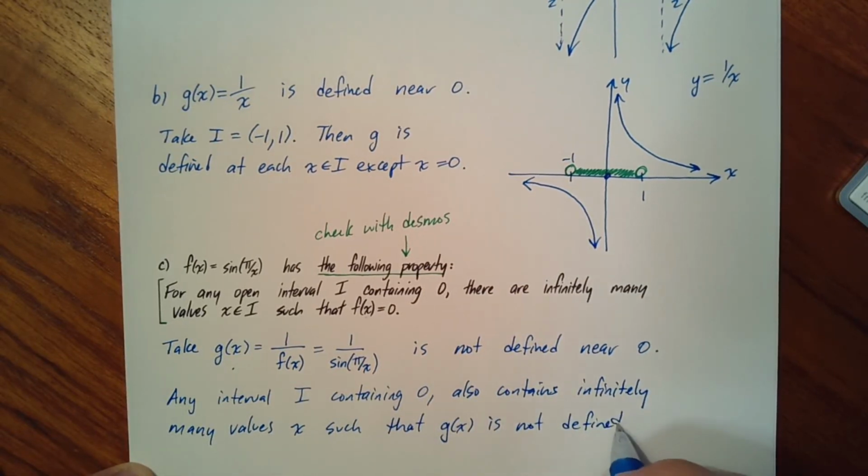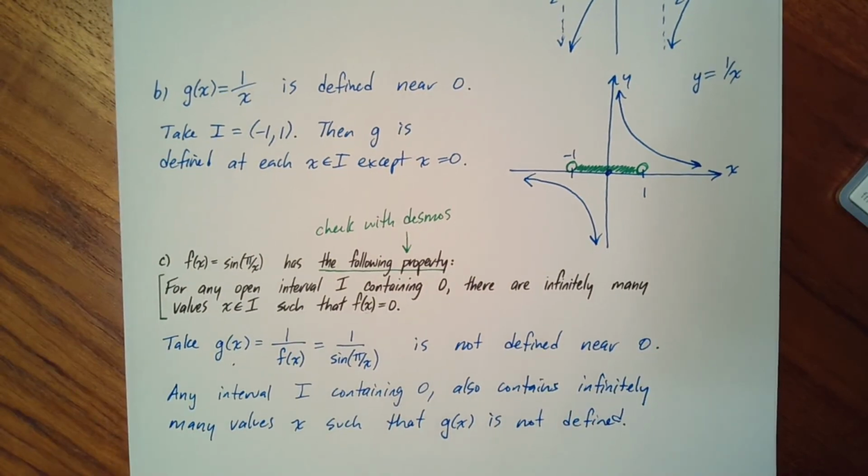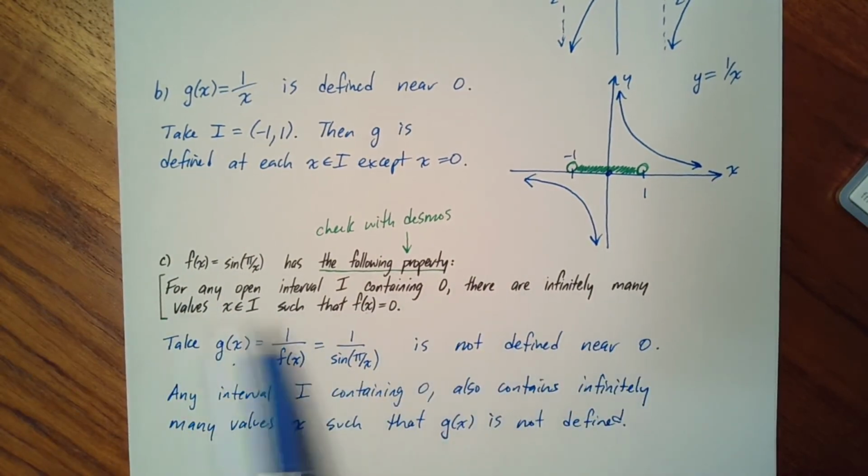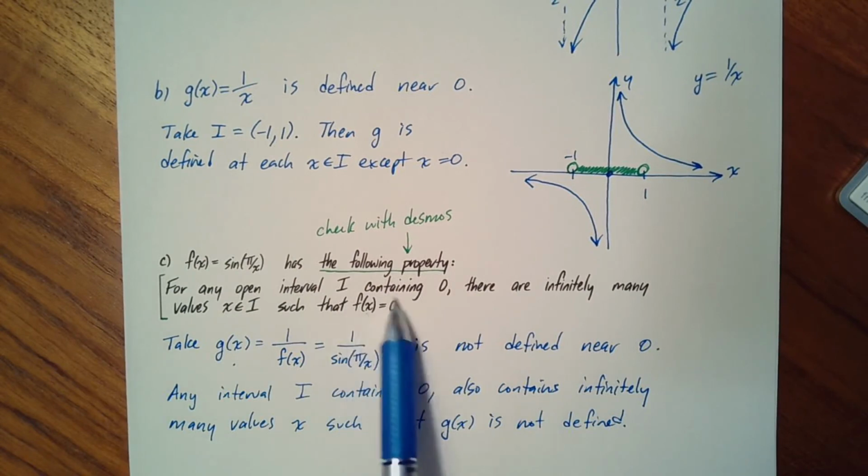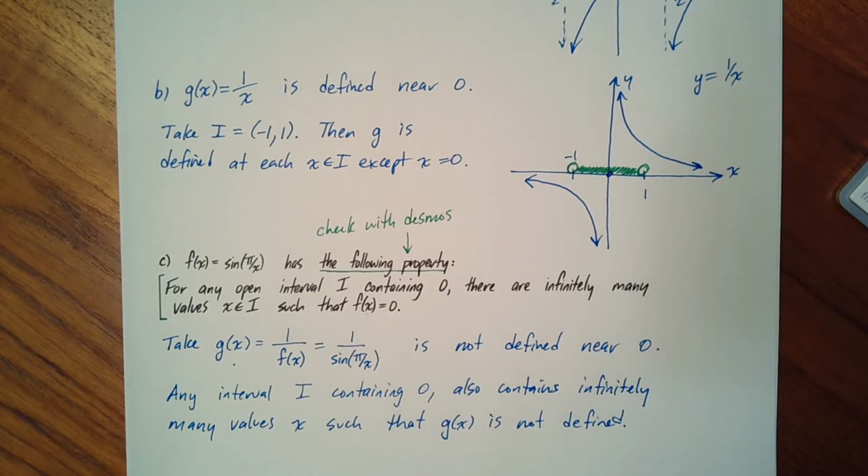Really, if you take a look, you'll see that all I did is I just rephrased this property here in terms of g of x being undefined instead of f of x being 0. So that's an example of a function that's not defined near a point. And again, we're talking about the function g of x is equal to 1 over sine of pi over x. Okay, so that's what it means for a function to be defined near another point.